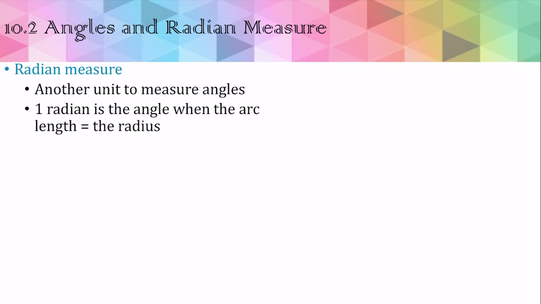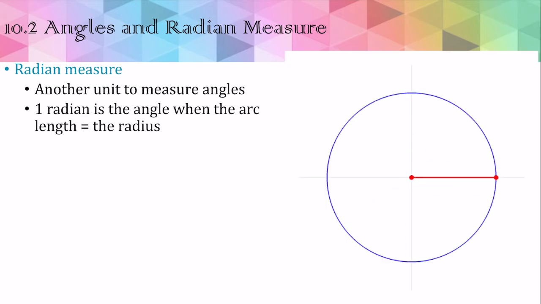One radian is the angle when the arc length equals the radius. So there's a circle, that's the radius, and there's the arc length. That's the same length as the radius. So that is 1 radian. That is the size of 1 radian.